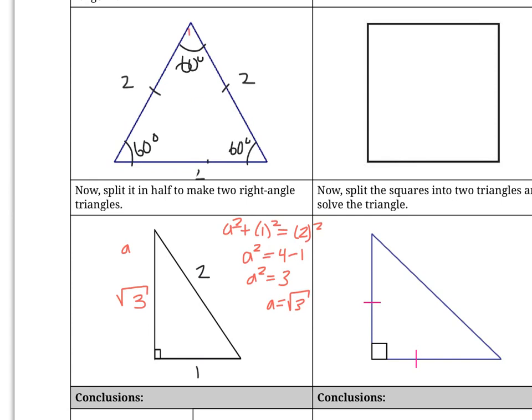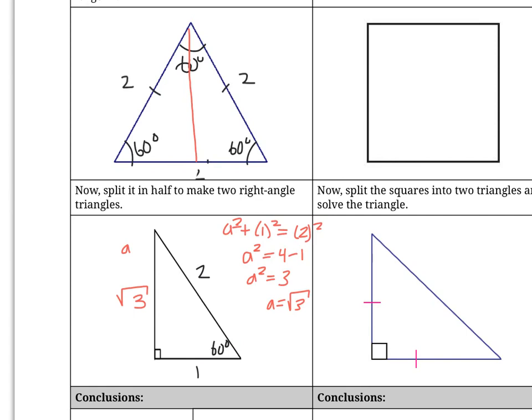Now remember, we took an altitude and we brought this down. So what angle has to exist down here? Oh, it's 60 degrees. So I'm going to put 60 degrees here. What is this angle right here? Well, because it's an equilateral triangle, when I dropped an altitude down, it's going to cut this angle exactly in half.